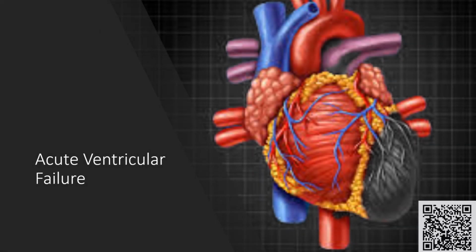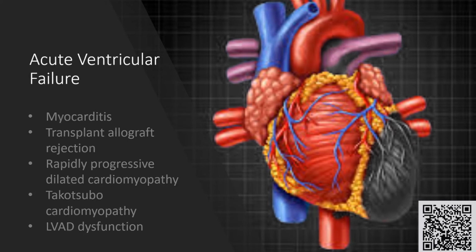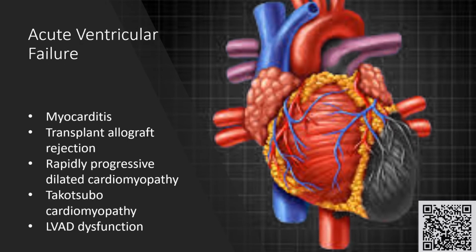So, acute ventricular failure. Other causes exclusive of coronary disease include myocarditis, transplant allograft rejection in people with prior heart transplants, a rapidly progressive dilated cardiomyopathy, Takotsubo cardiomyopathy, and LVAD dysfunction.